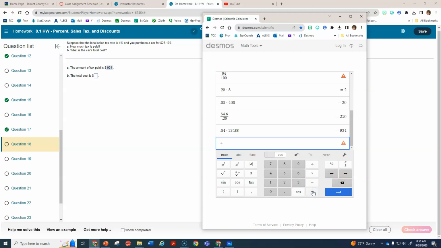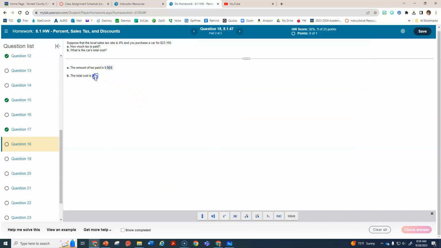Now add that to 924 plus 23,100, and there's the total cost of the car, $24,024.